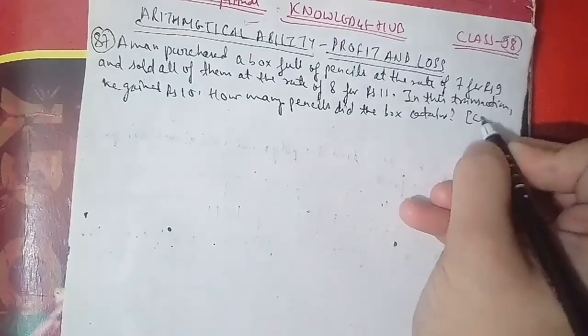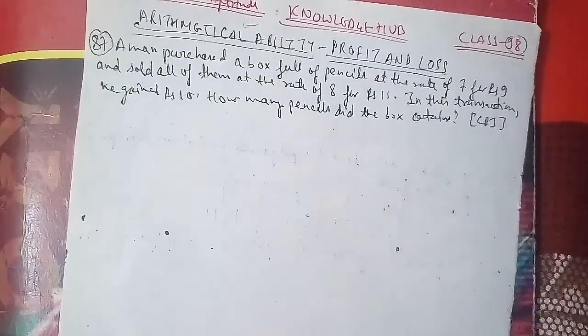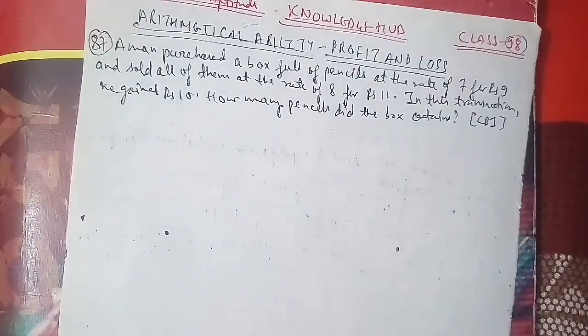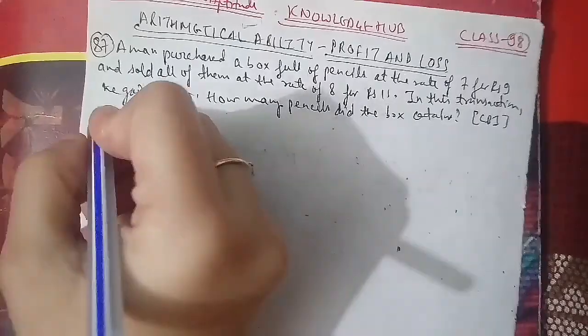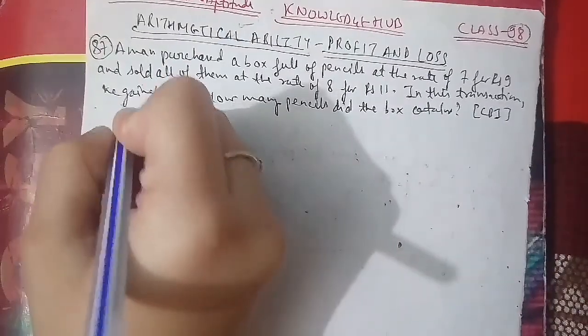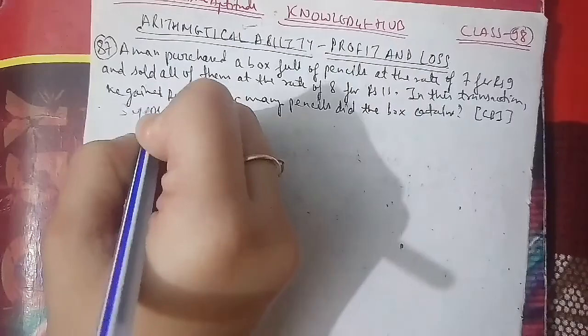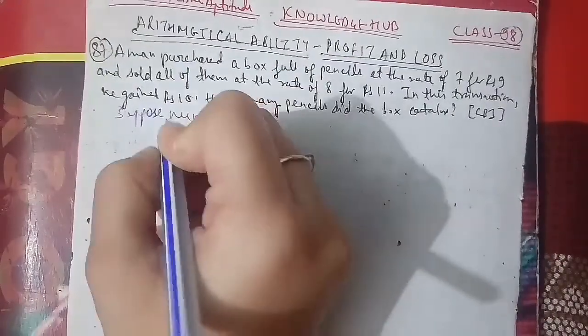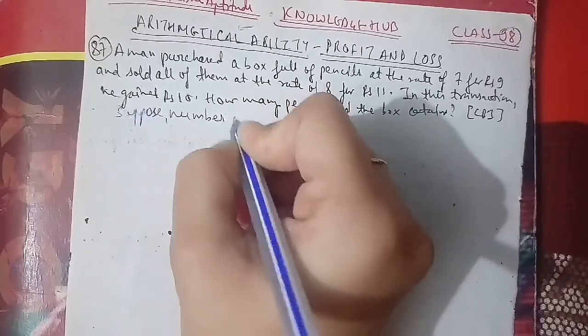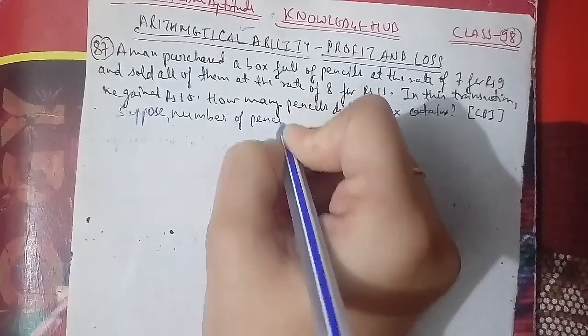So we go ahead for the same. Suppose the number of pencils bought equals the LCM of 7 and 8, which equals 56.